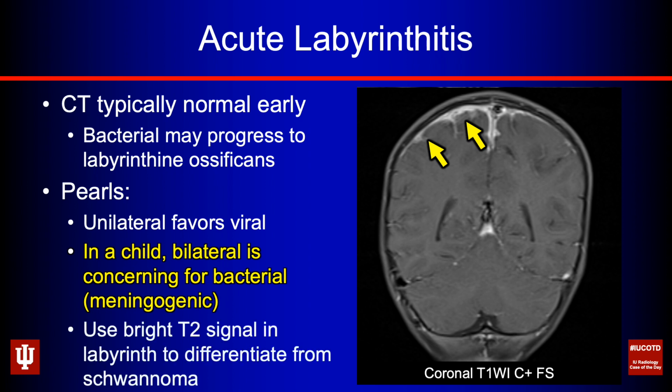The other thing that I think is a helpful pearl is use the T2 signal intensity within the labyrinth to differentiate from an intralabyrinthine schwannoma if it's segmental in terms of the enhancement, okay? So just to make sure that you're understanding what I'm saying, if you see segmental enhancement within the membranous labyrinth, particularly if it's in the basal turn of the cochlea, that's a very classic place to see it.